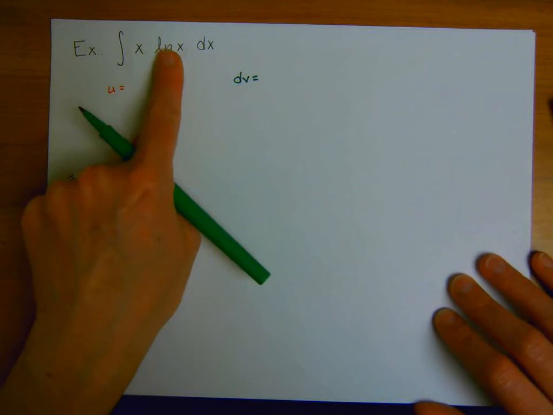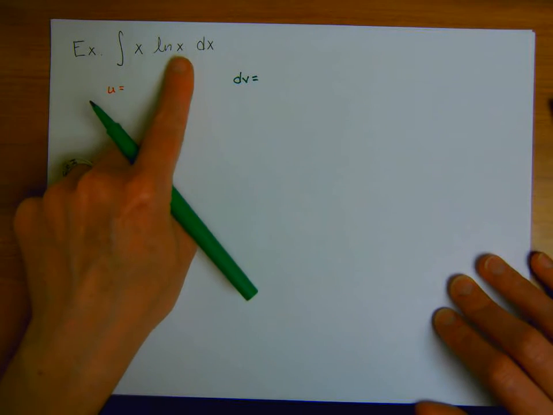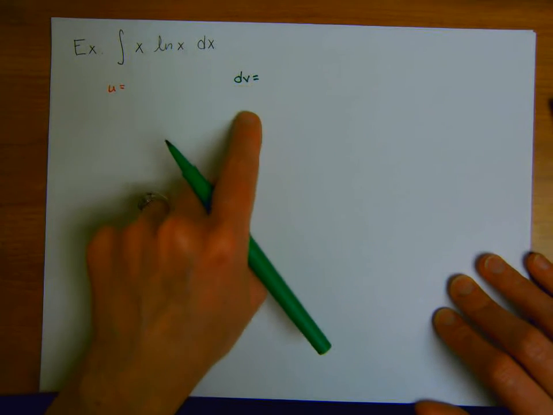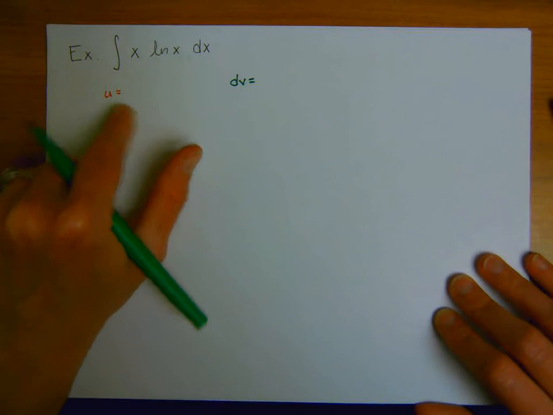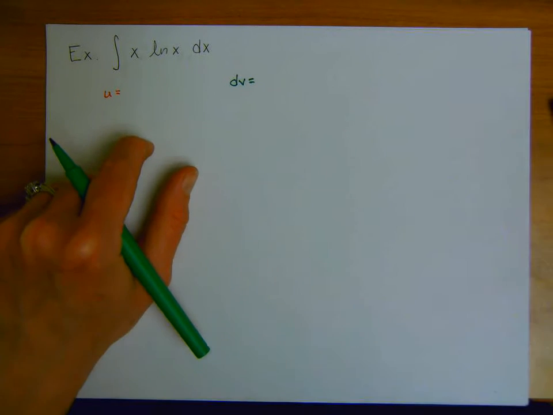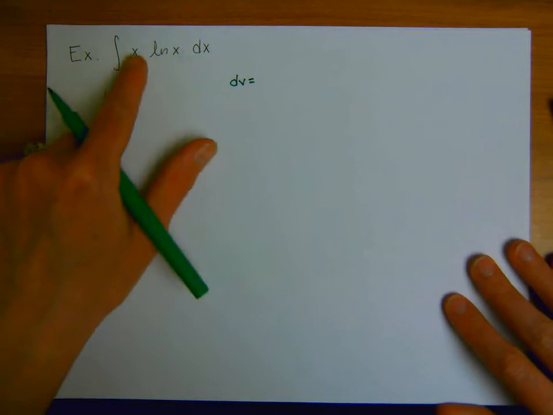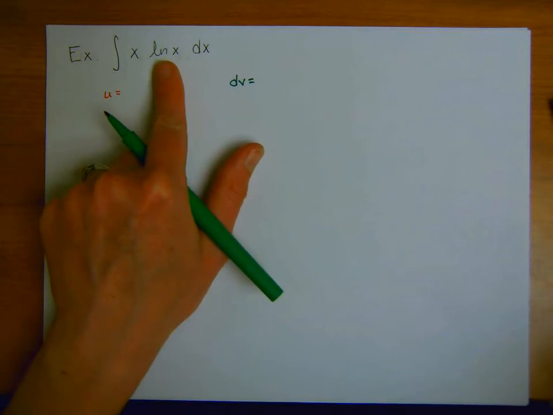So one way to decide which piece goes where is to figure out which piece I can take an antiderivative of. Another thing to consider, sometimes it is nice to put x as u because I know that the derivative of x is just 1 and it can just disappear. So if I have an option to put an x as u, I'll try to take it. In this case, I don't have the option.